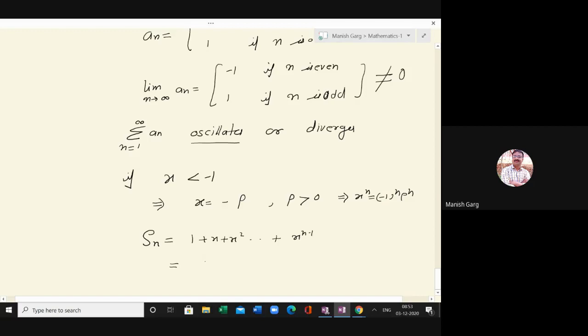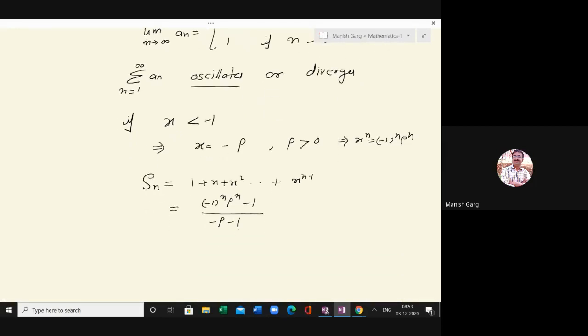Please check, am I right or not? It will be (-1) to the n times rho n minus 1, over minus rho minus 1. If mod x is greater than 1, it is x to the power n minus 1 upon x minus 1, the sum of the GP.